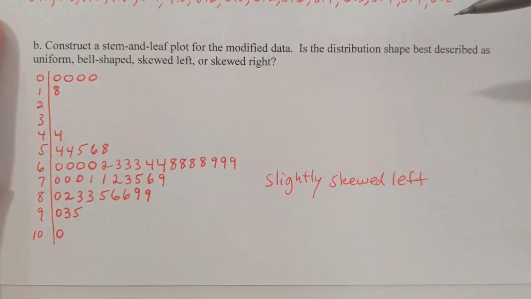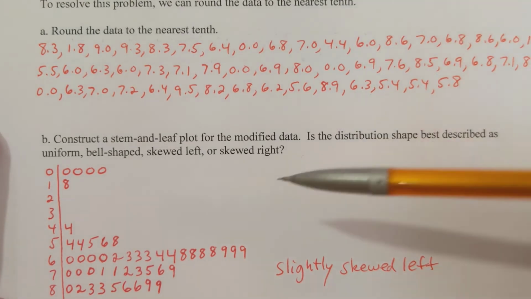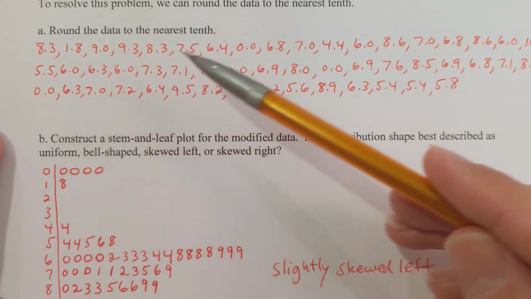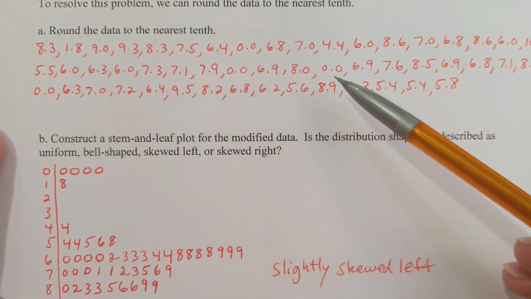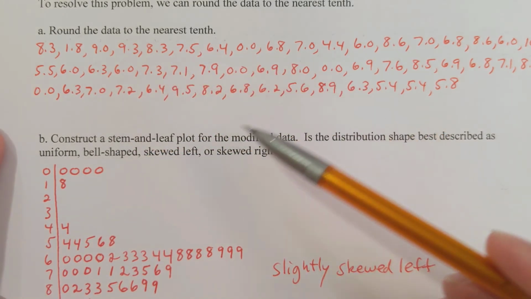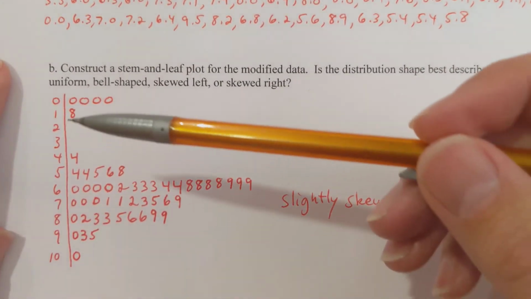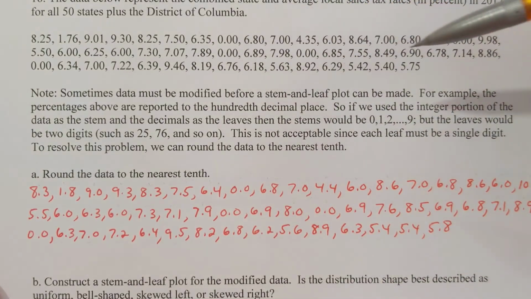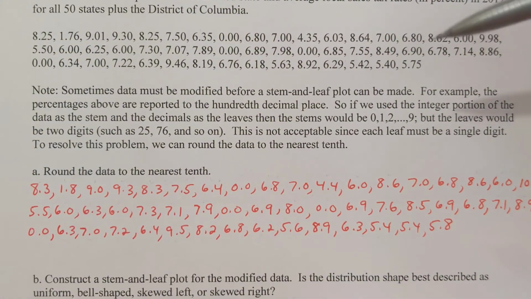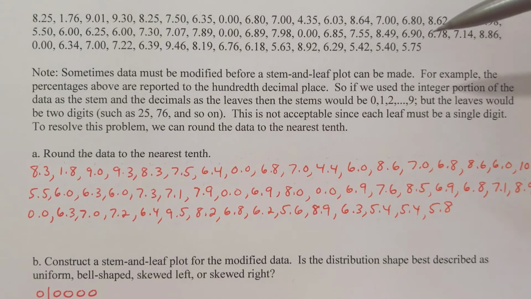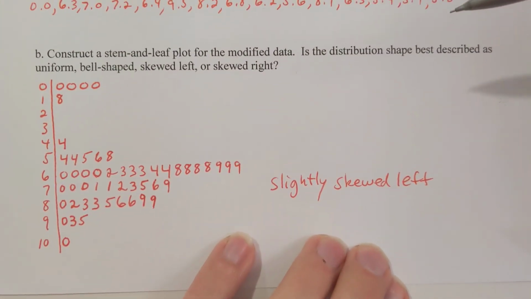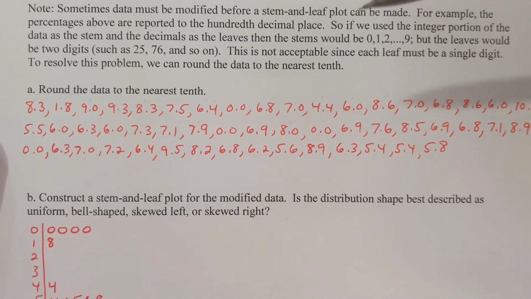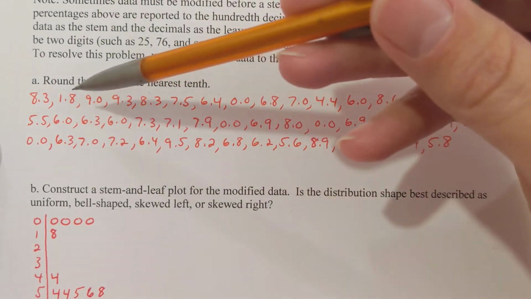Let's see here. 0, there should be 4 zeros. So here's 1, here's 2, here's 3, and here's 4. And by the way, I'm going to go 0 to 10, since all these numbers are percentages that go from 0% to 10%. And then 1, it was 1.8.